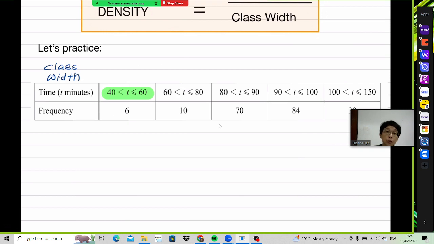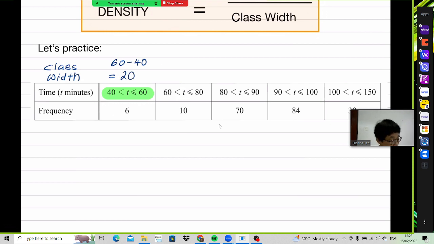You can do this also during the exam. The word width itself is telling you how wide the upper class and the lower class are. What is the upper class? 60. What is the lower class? 40. You just take the difference between them, so 60 minus 40, and you got 20. That is the class width.